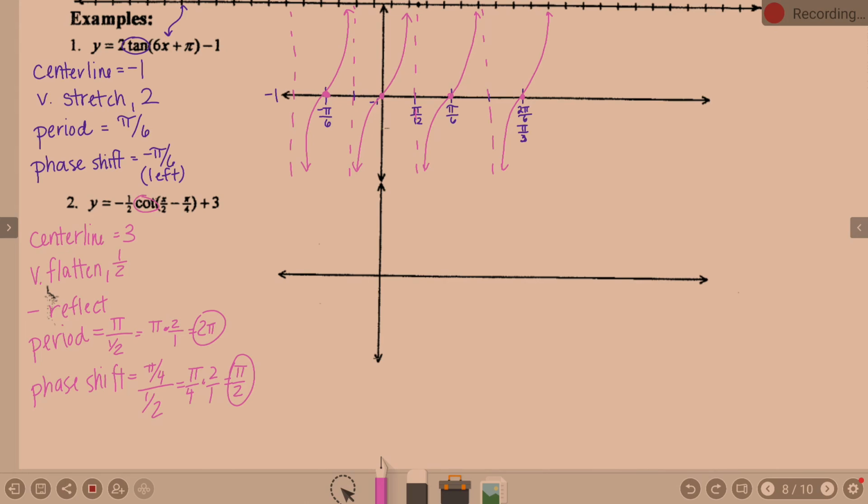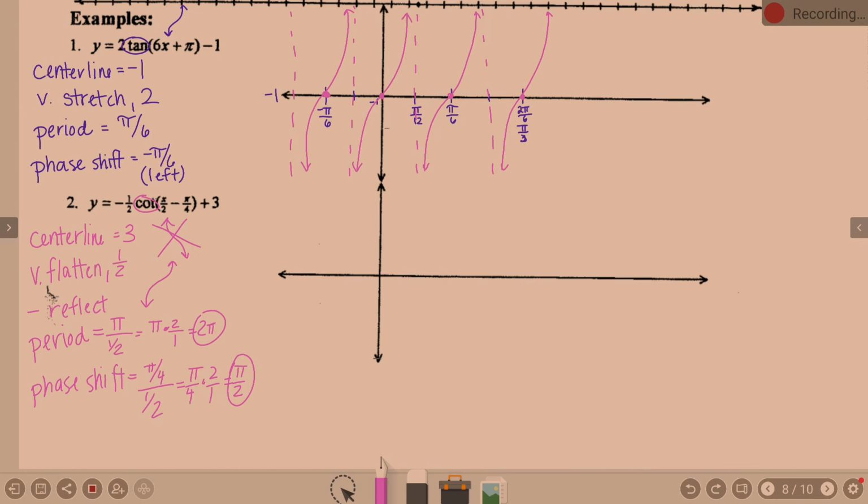It's a cotangent curve. Officially, a cotangent curve is a decreasing curve. However, a reflected cotangent curve is actually going to look like a tangent curve. However, we still use the cotangent rules to set ourselves up here.